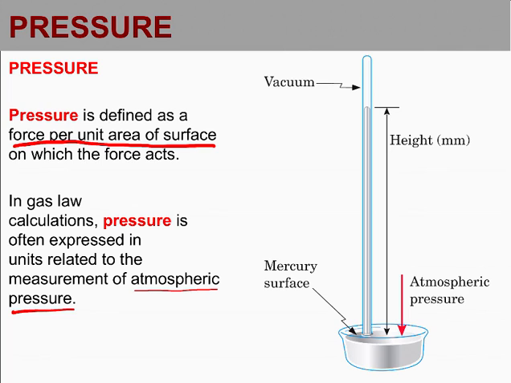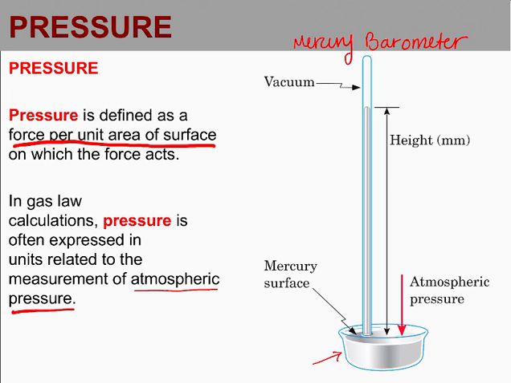So off on the right-hand side, we have something called a Mercury Barometer. And how this works is we have mercury at the bottom here, so it's a little mercury pool. And then the atmosphere exerts a pressure on that mercury.